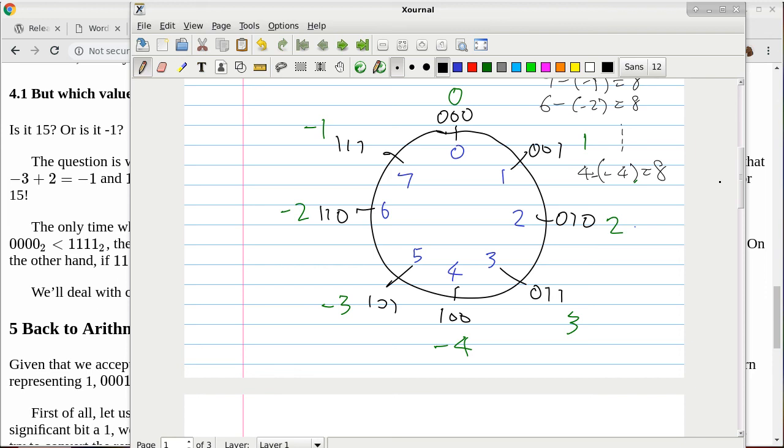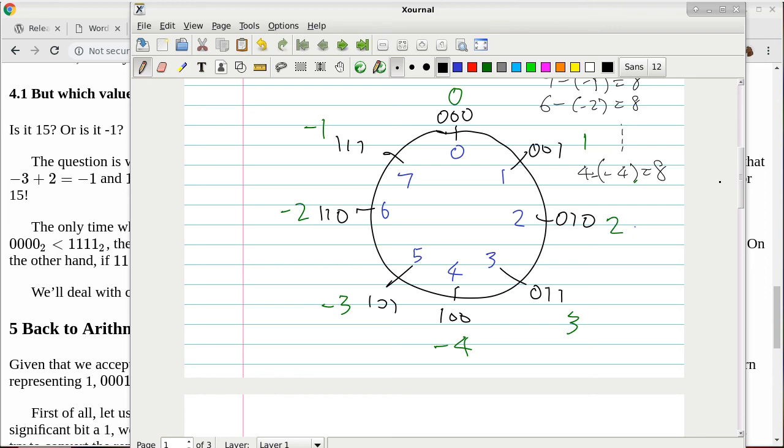Okay. But then I have another question. Can we come up with a sigma notation so that we can figure out the signed value represented by a bit pattern? What is that going to look like? Okay, what do you guys think? Well, we know a part of it is pretty easy.